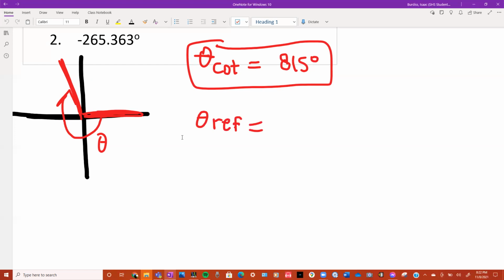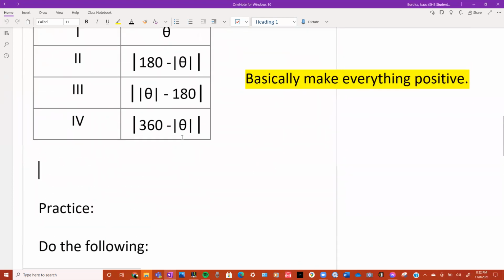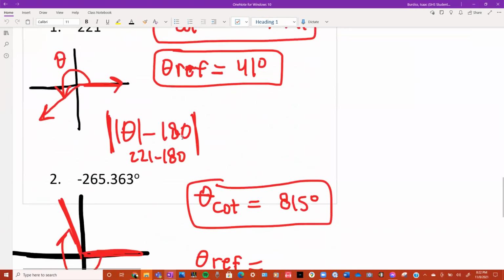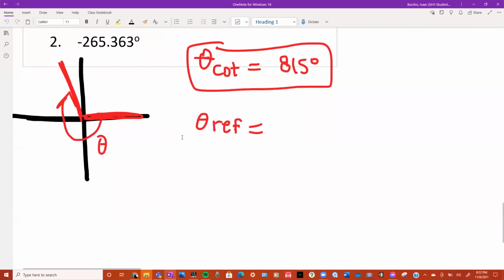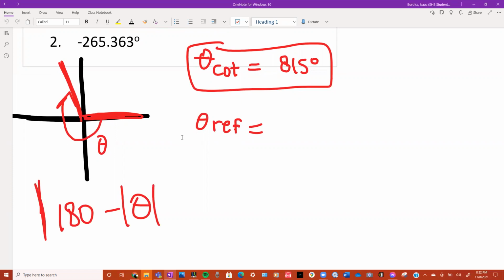And when we do that, we have to do 180 minus the angle. So not the angle minus 180, but 180 minus the angle. And everything has to be positive. So 180 minus the angle must be positive.